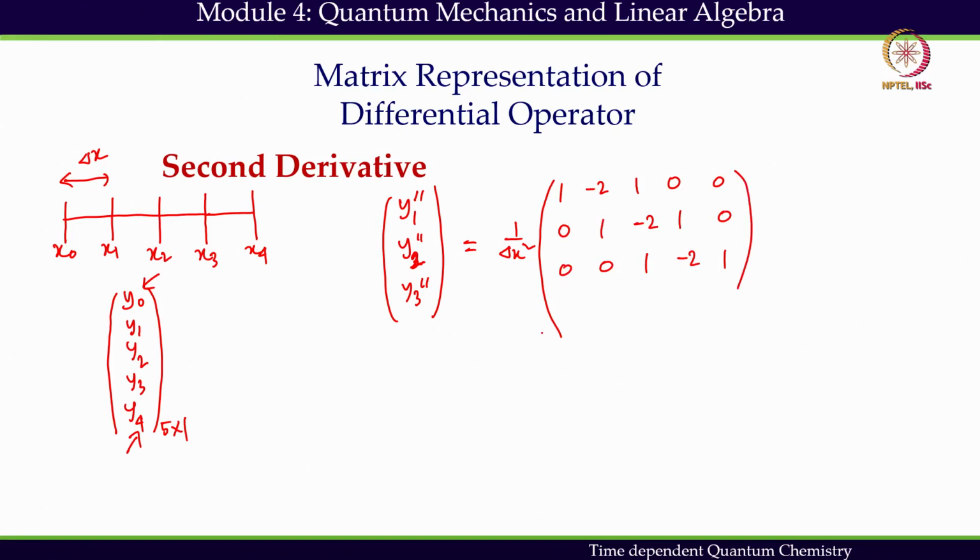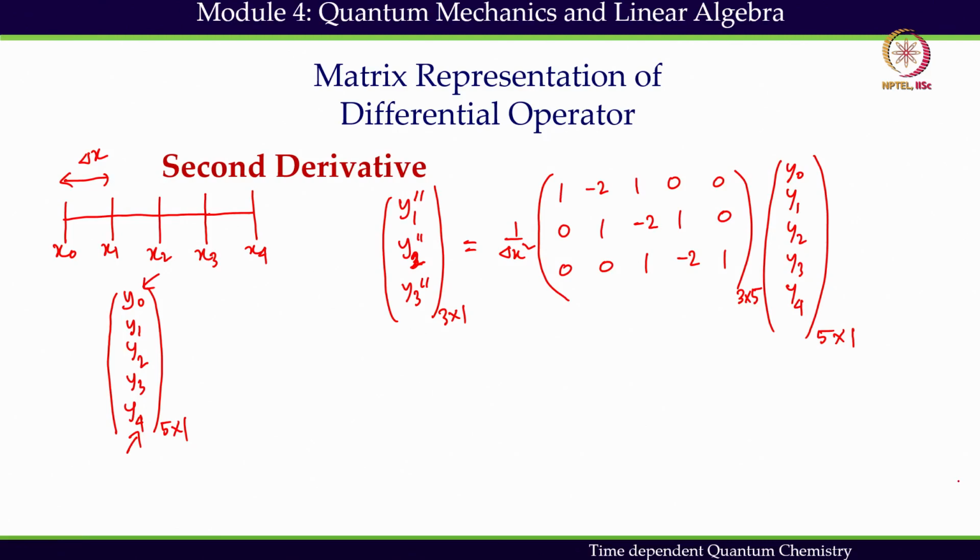This is the derivative matrix, and then the function is going to be y0, y1, y2, y3, y4. That is the function I have. So, this is your 5 by 1 matrix, this is your 3 by 5 matrix, 3 rows I have, and the result is also a 3 by 1 matrix. So, that is the way we have the values.